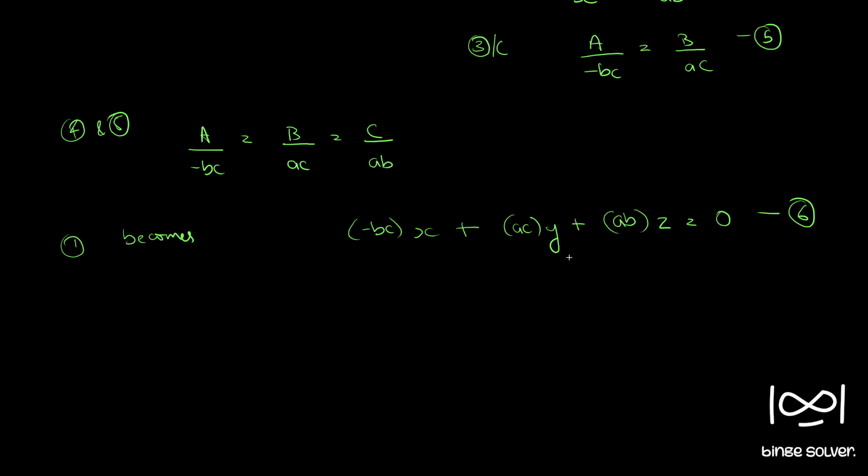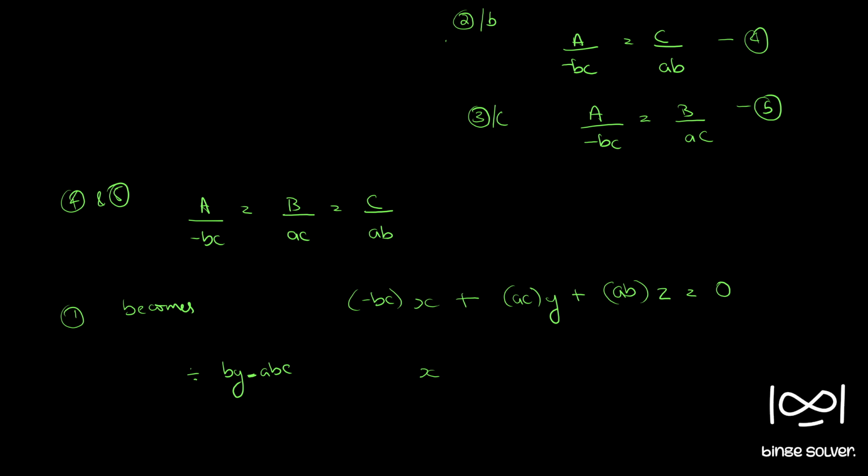Or we could divide throughout by -abc, the reason being the positive and negative terms in the X component.